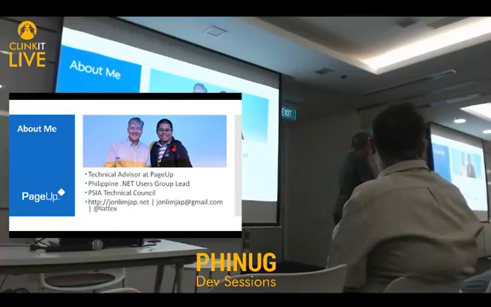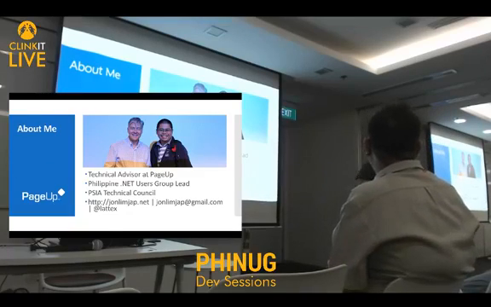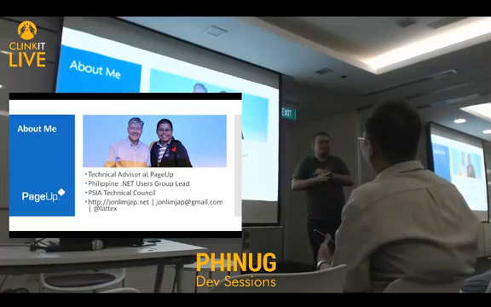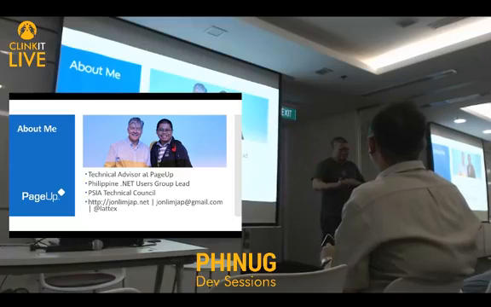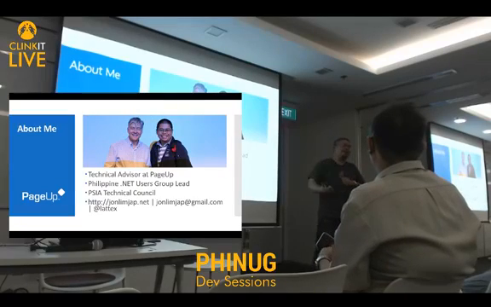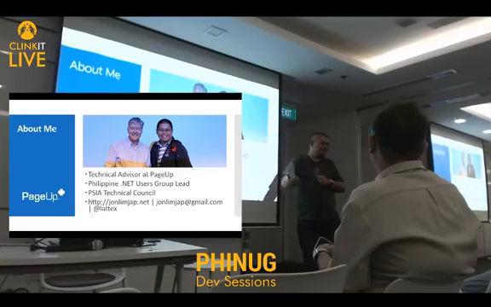Tapos around 1999, pinirate siya ni Microsoft after Microsoft failed at the J-Sharp project. Ano yung J-Sharp project? Microsoft was actually trying to implement its own version of Java.